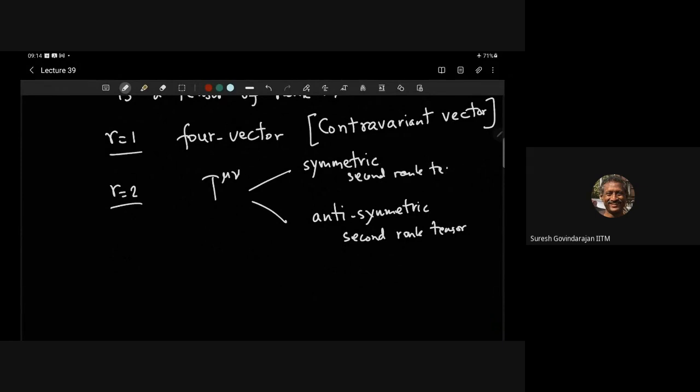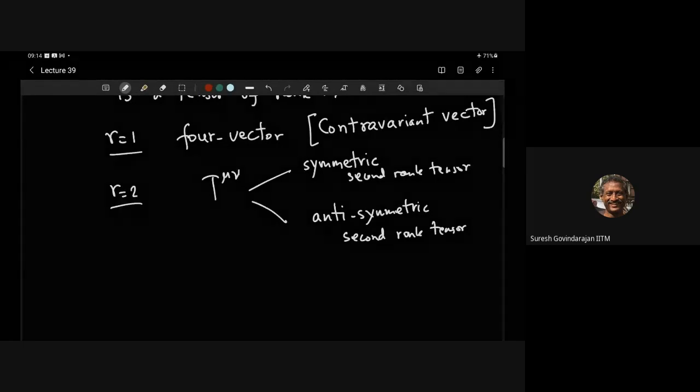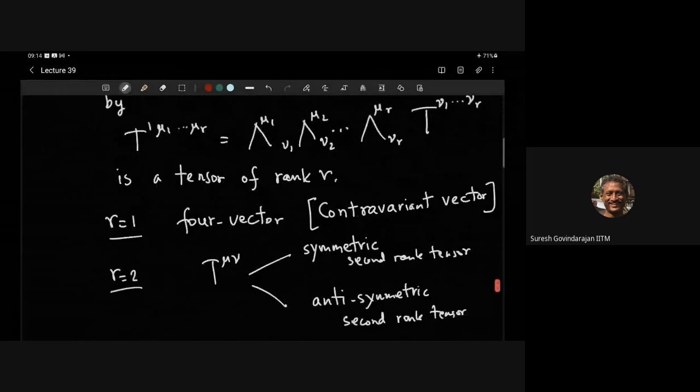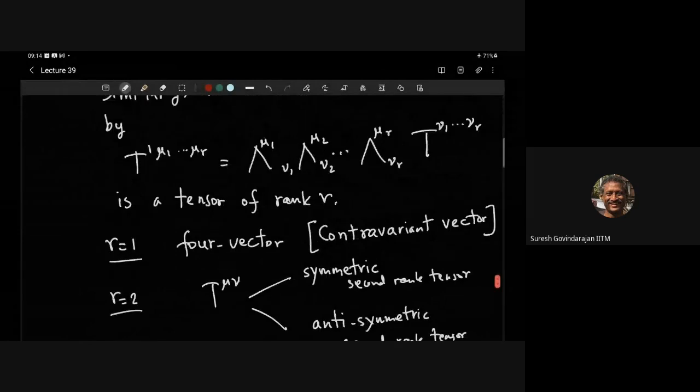These are two possibilities, and if you remember the same arguments we had for rotations, if a tensor is symmetric under rotations, it will continue to be symmetric. The same thing happens here. Again, covariance says that any tensor which vanishes in one frame will vanish in all other frames.